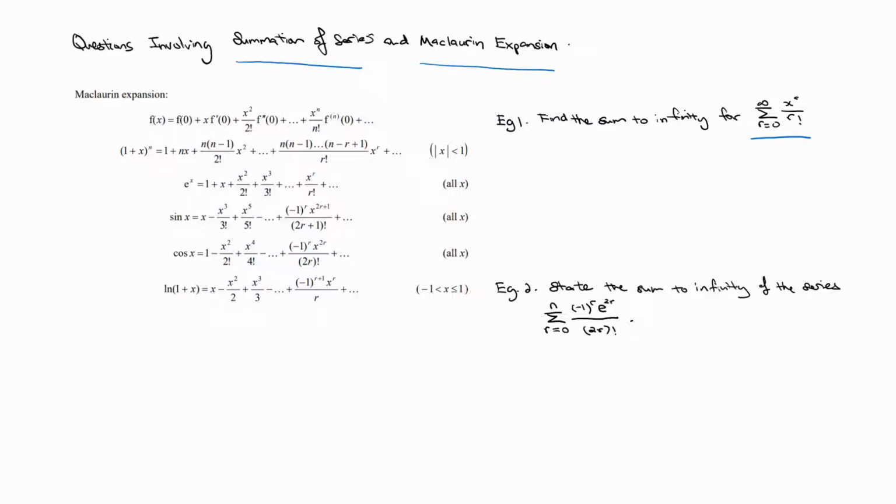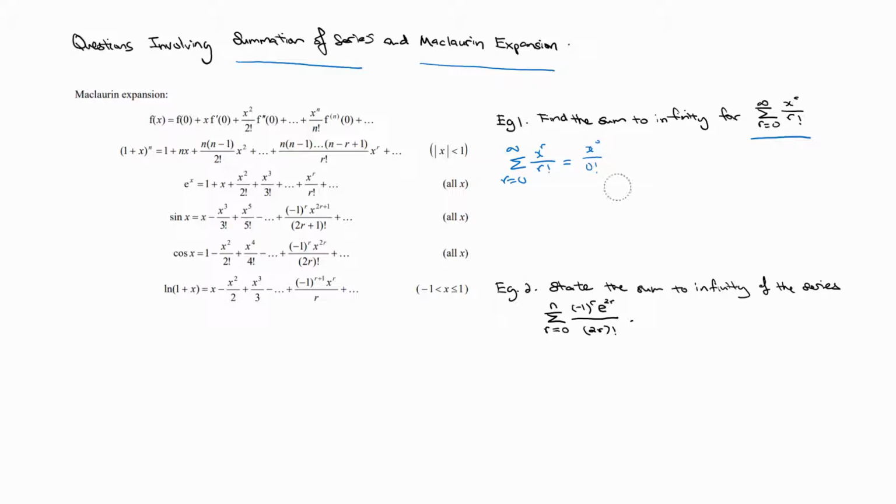most students would have expanded this and tried to figure out what it is. So if you were to expand this, suppose we write this down, r equals 0, and then x to the power of r over r factorial. If you expand this one by one, we have x to the power of 0 over 0 factorial.